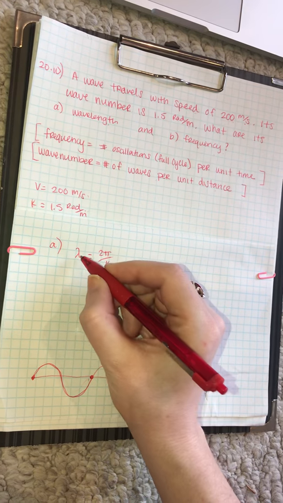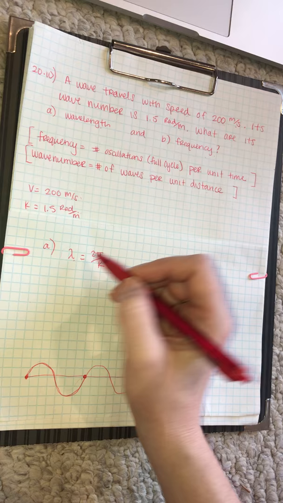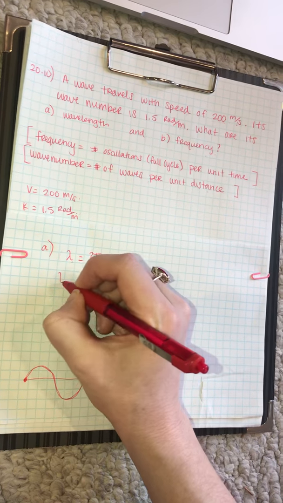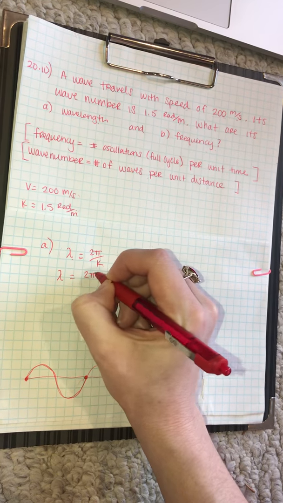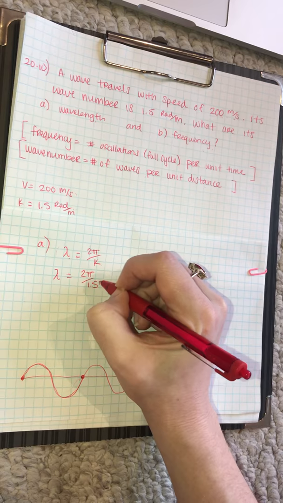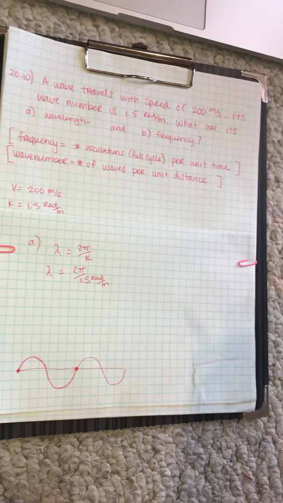And okay, so we have lambda, which is wavelength, on the left side by itself. So all we need to do is plug in k, which is given. Lambda equals 2 pi over 1.5 radians per meter. Okay.